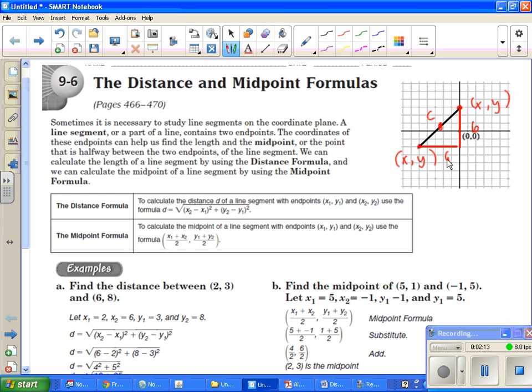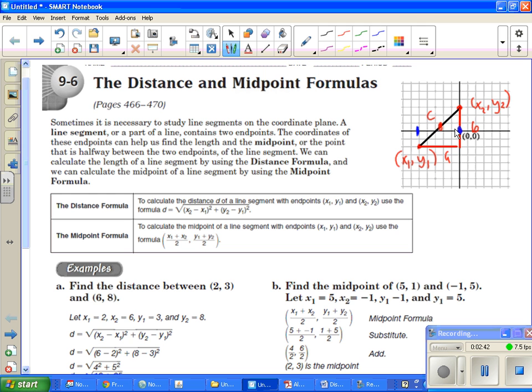To find A, here's the first point. Here's the second point. I'm going to call this x1, y1 and this x2, y2. And you see what they're doing? They're subtracting x2 minus x1. Here's the value for x2 right here, and here's the value for x1.